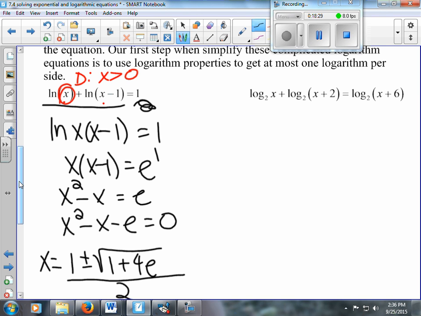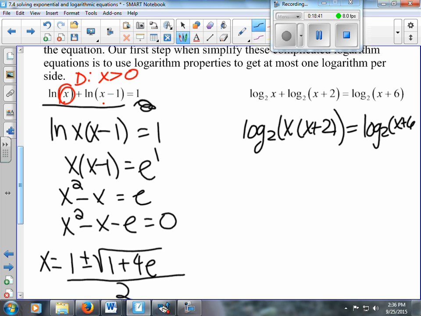All right, then in this final example, at most one log per side. These are all logarithm base 2's. So I'm going to use my property of logarithms that a sum of logs is the log of the product. And now I have a log base 2 of both sides of the equation on both sides of the equals. And so we've actually solved these before.